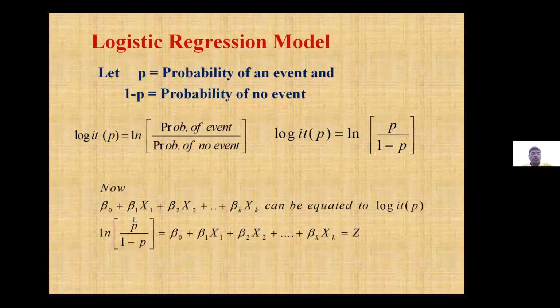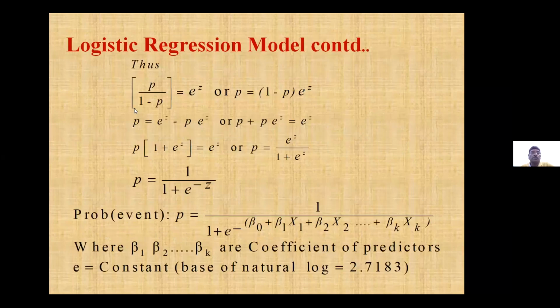Now beta 0 plus beta 1 x1 and so on can be equated to logit P. So in place of P, we use ln P upon 1 minus P, which is in the support of -infinity to infinity.